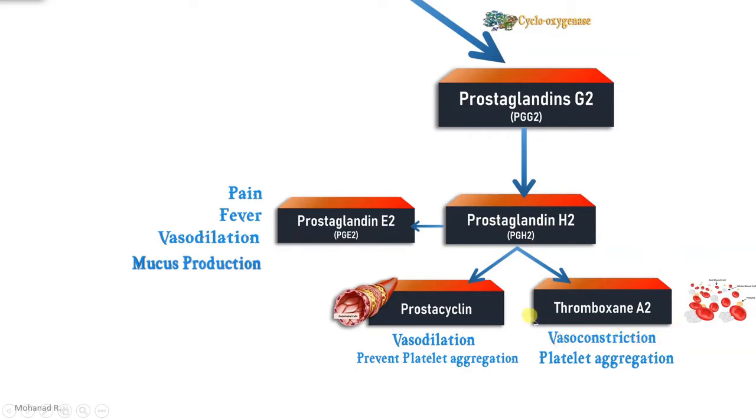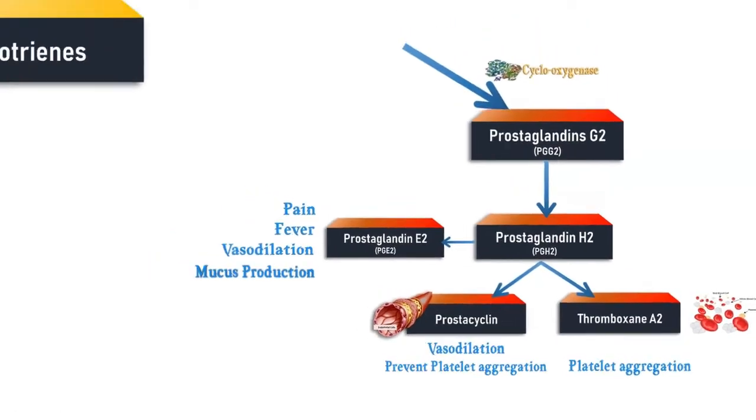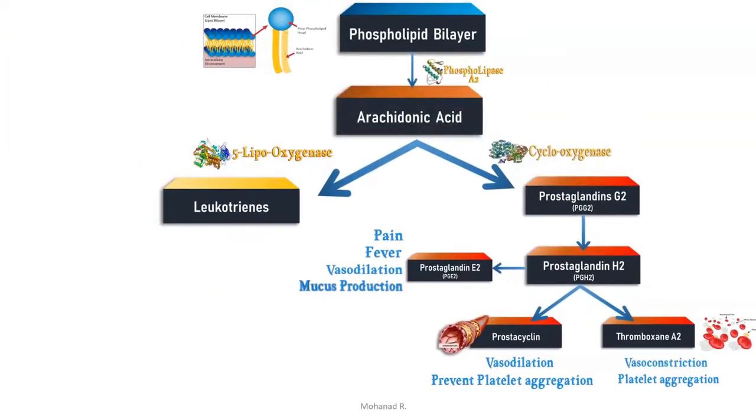So more thromboxane A2 will be produced and less prostacyclin will be produced in that area of bleeding. As a result, we will have vasoconstriction and platelet aggregation that will induce the formation of a thrombus that will stop the bleeding.